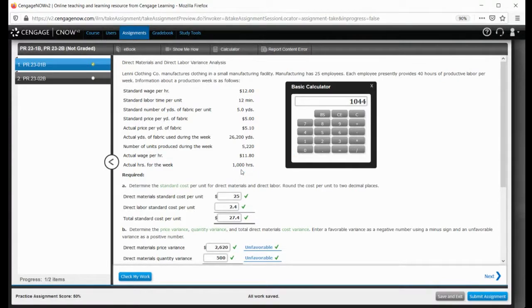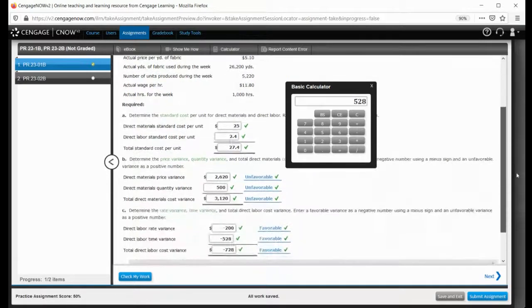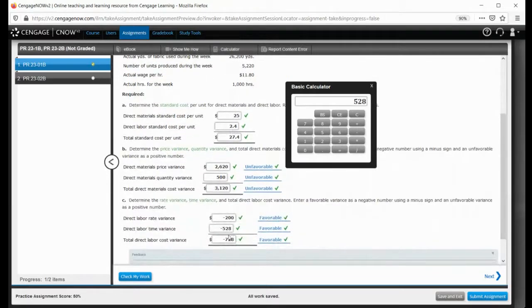Because my actual hours were less than what I thought it should have been, the difference is 44 hours. That's favorable. I have to multiply the 44 hours times the standard rate, which was $12, and that gives us 528, which is the variance amount for the direct labor time variance.